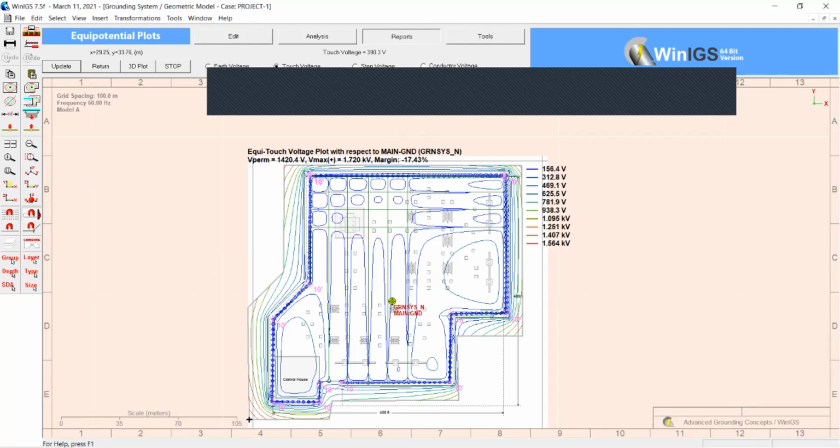Now the allowable touch voltage is 1420.4 volts. This number is the same as the permissible touch voltage given when the touch voltage was shown.